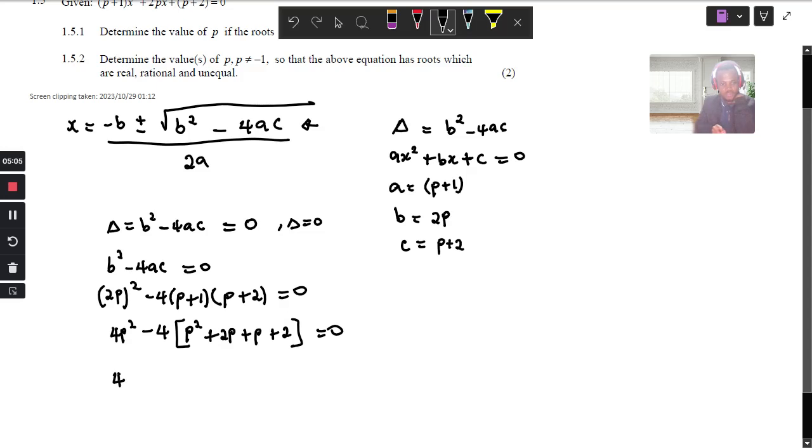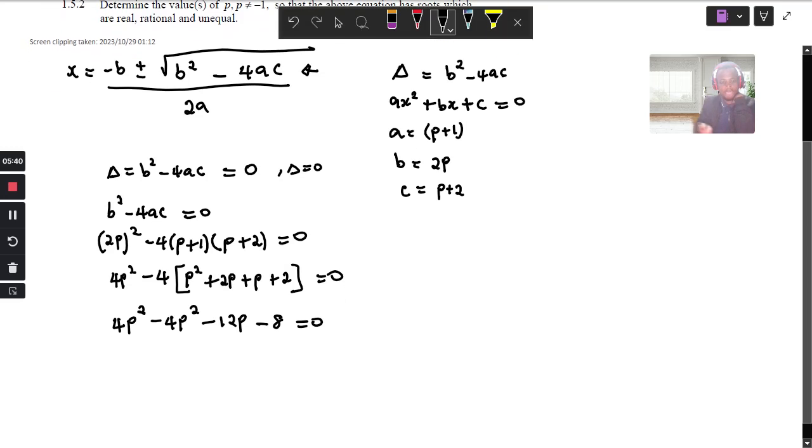So you distribute the 4 throughout: 4p² − 4p², minus 4 times, when you add that you get 3p, and 3p times 4 becomes minus 12p. Minus 4 times 2 becomes minus 8, being equal to 0.